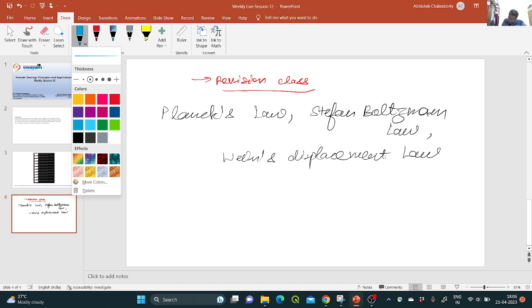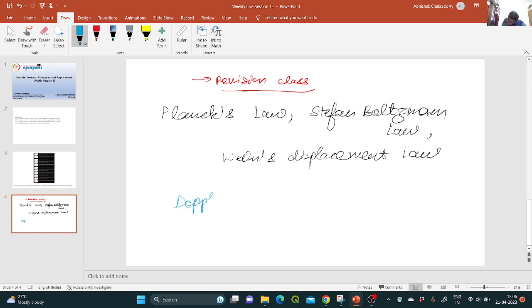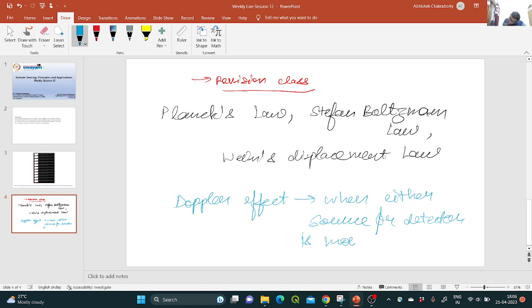We also, of course, learned about the Doppler effect, when either the source or the detector is moving. So the Doppler effect alters frequency f and wavelength lambda. That is the most important part.